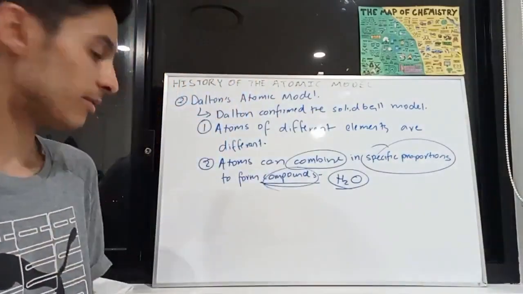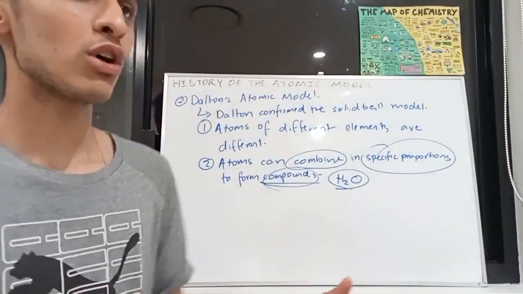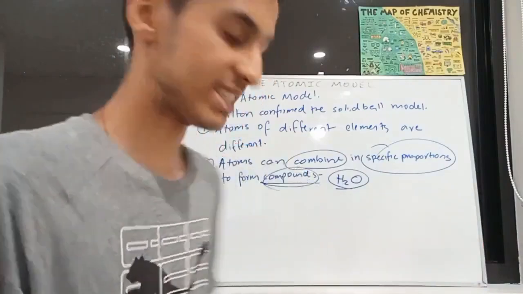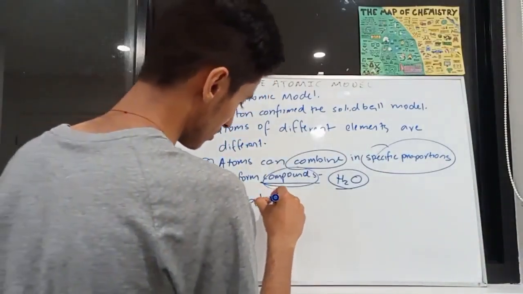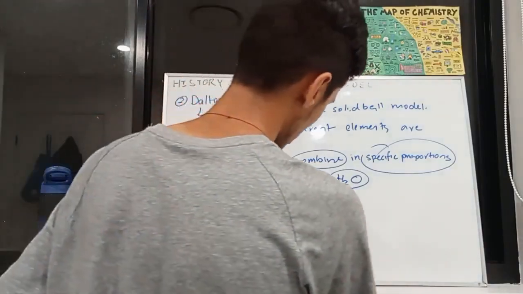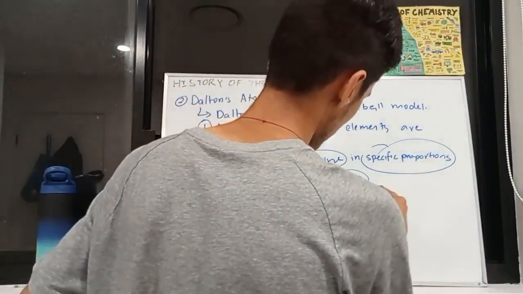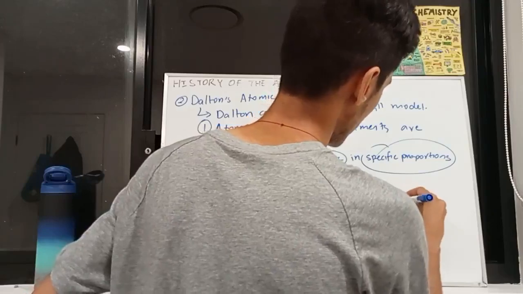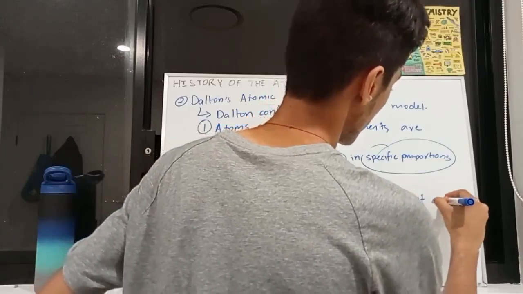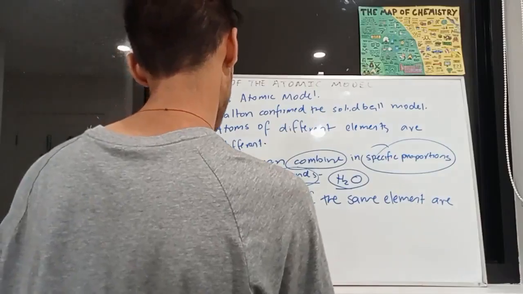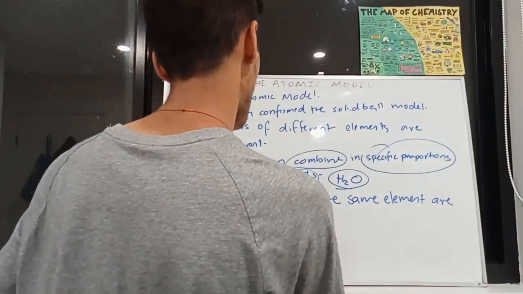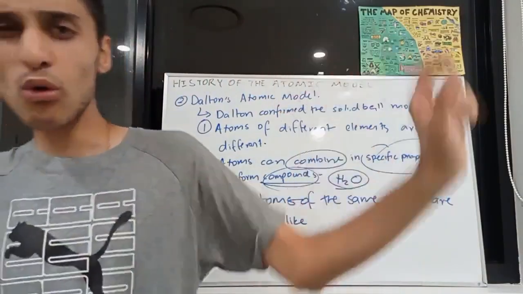Now the third key point that he raised was all atoms of the same element are exactly alike. So imagine that we have 2 pieces of pure gold.